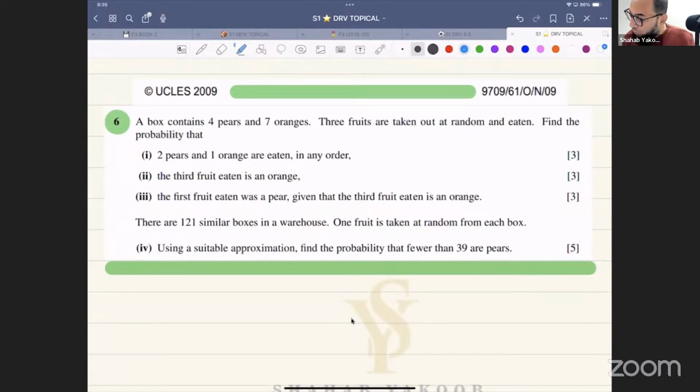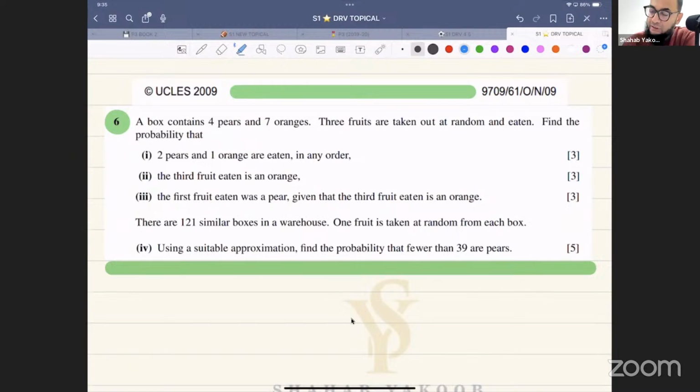Now we are talking about pears and oranges. Okay, so now it says a box contains 4 pears and 7 oranges.